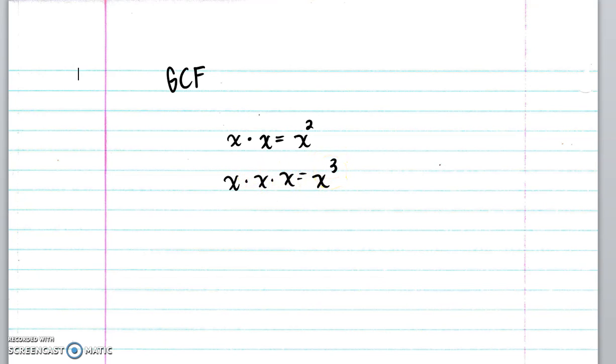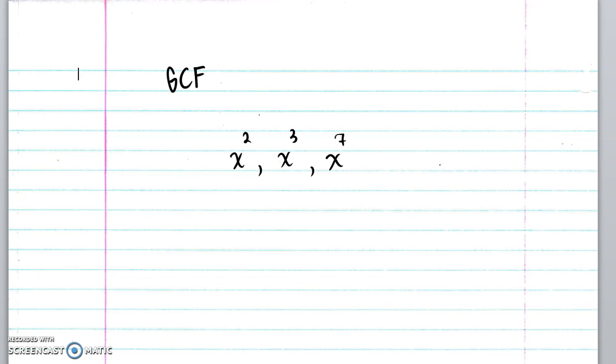So thinking about that, if I am looking at three terms, let's say x squared, x to the third, and x to the seventh, and I want to think about the greatest common factor, I want the most x's. The most x's that I can divide into all three of those terms.